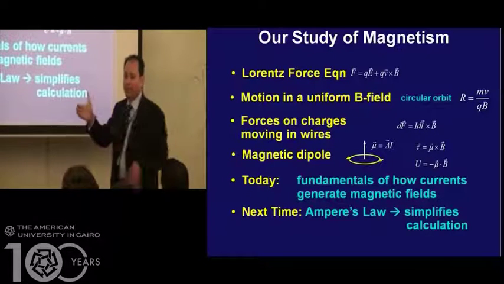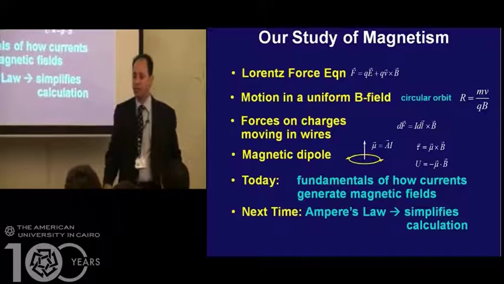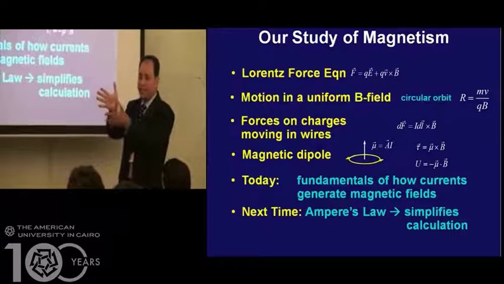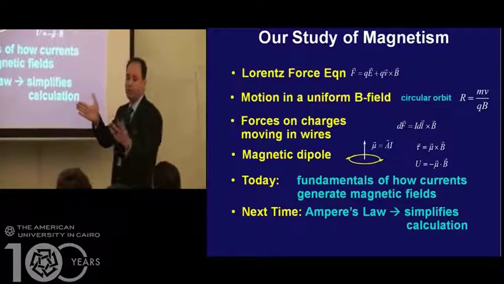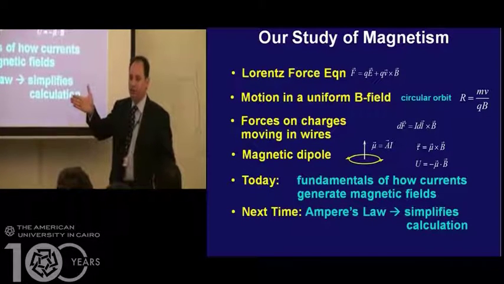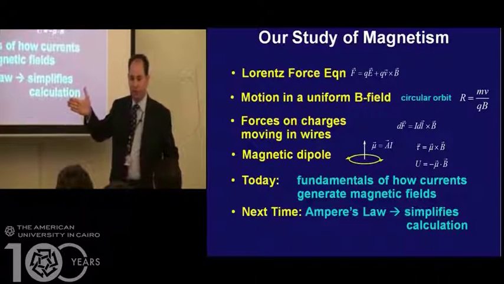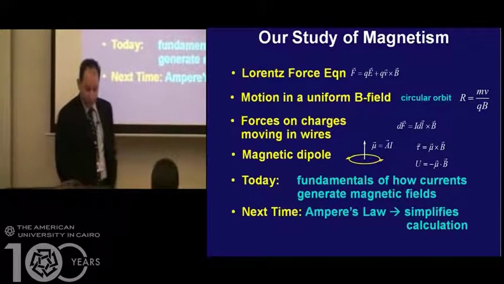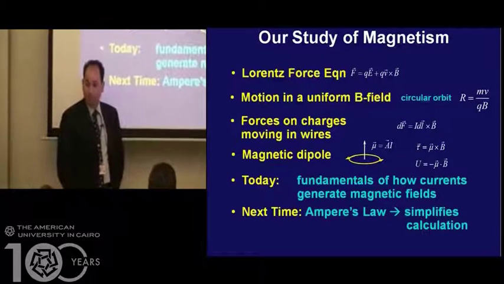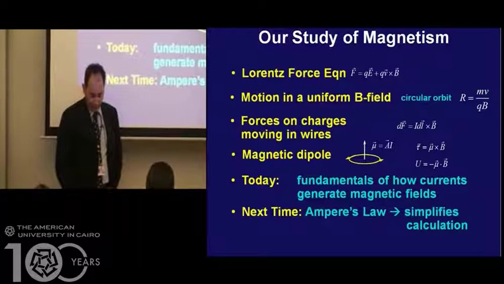This will be the direction of the motion. This will be the direction of the force. If you look at those three directions, the direction of the field, the direction of the motion, and the direction of the force, those are three vectors perpendicular to each other. So the cross product will give us a vector that's perpendicular to both the direction of the motion as well as the direction of the magnetic field.